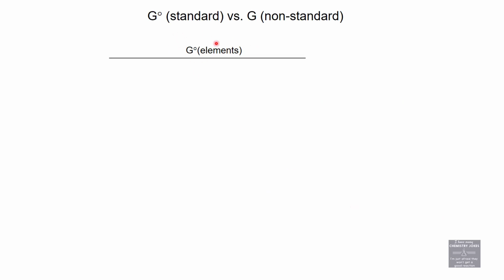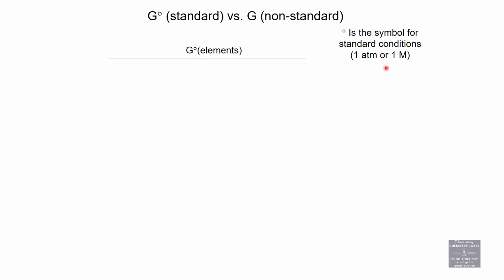Elements in their standard state are defined as having a Gibbs free energy of 0. Standard state means 1 atmosphere for gases or 1 molar concentrations for liquids. So standard has these specifications that we haven't previously defined.